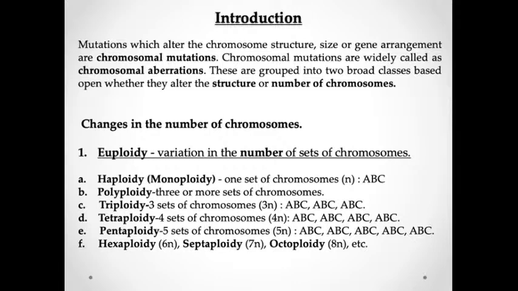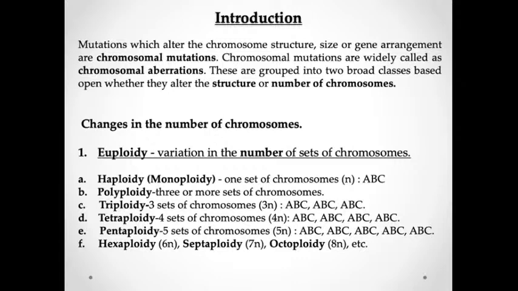So let's come to the topic and start with the mutations which alter the chromosome structure, size, or gene arrangement, that is chromosomal mutations. Chromosomal mutations are widely called chromosomal aberrations. There could be a change in the number of chromosomes, that is euploidy, variation in the number of sets of chromosomes.